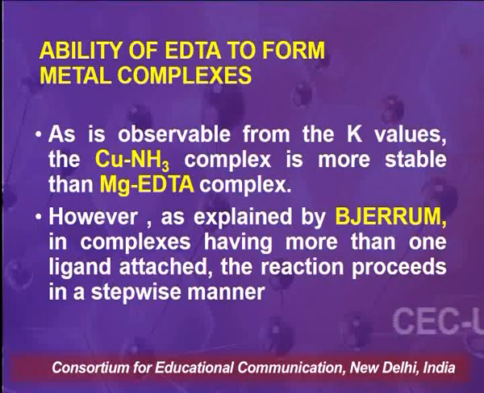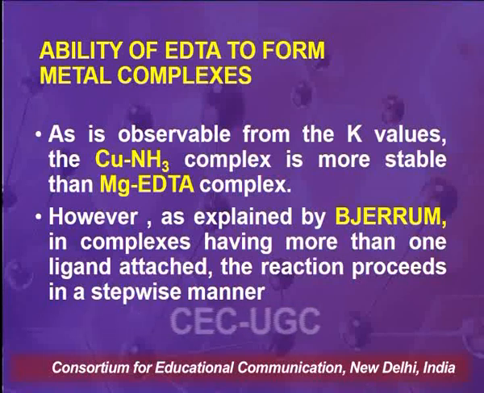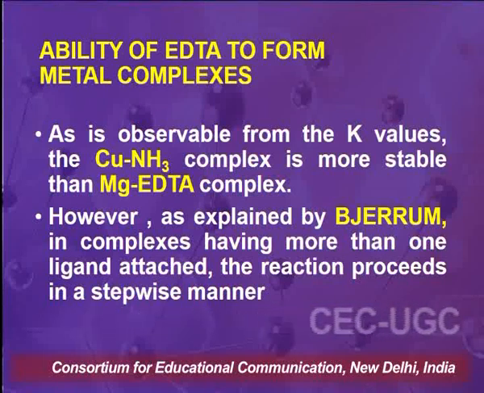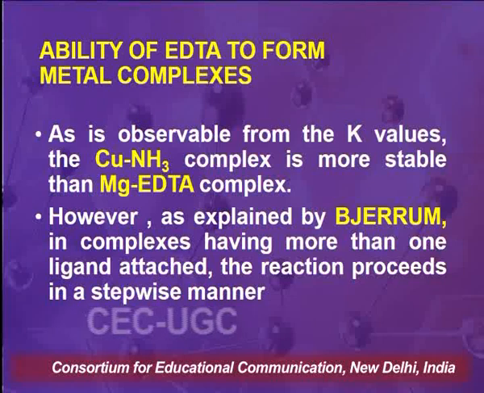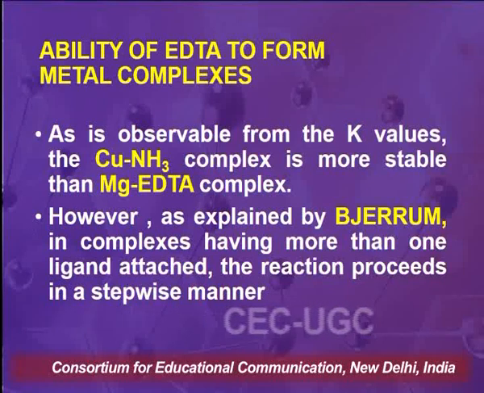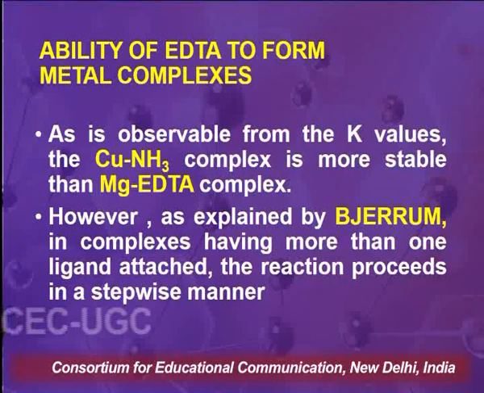However, as explained by Jerome, in complexes having more than one ligand attached, the reaction proceeds in a stepwise manner. So, in the case of the copper amine complex, 4 ammonia molecules are attached to copper to form a tetramine complex. This reaction proceeds in a stepwise manner as shown.